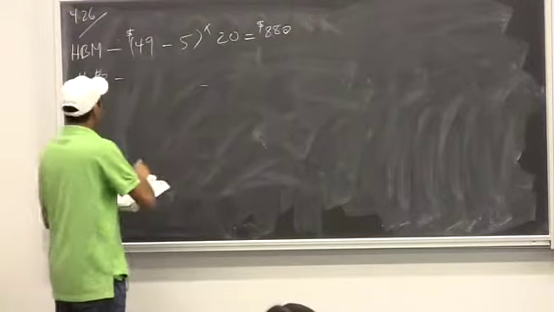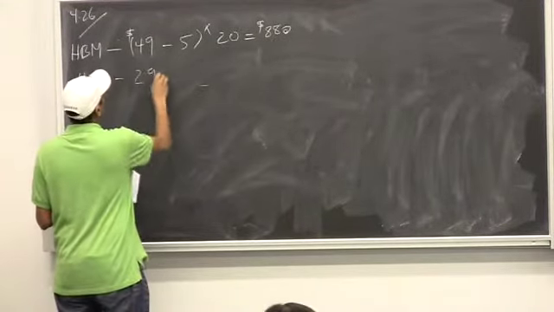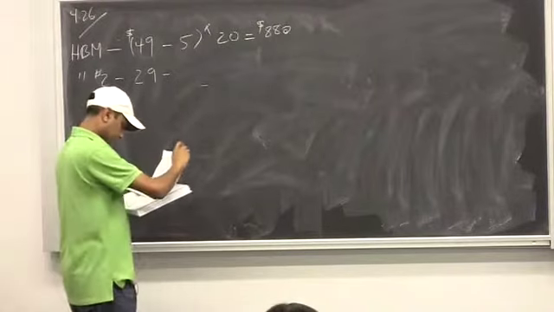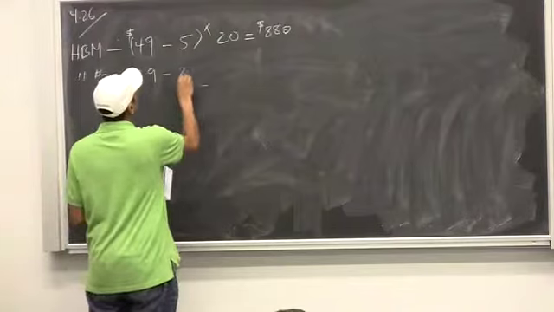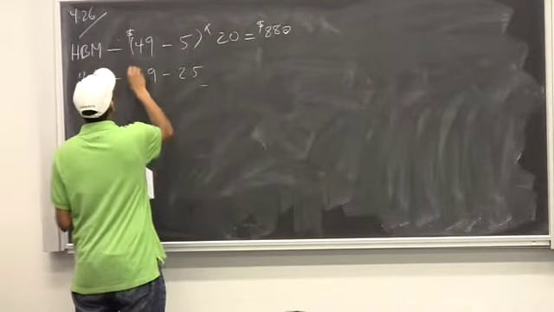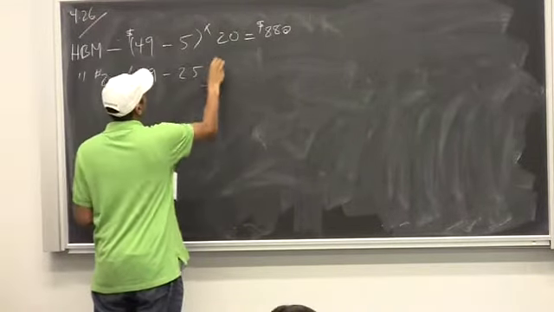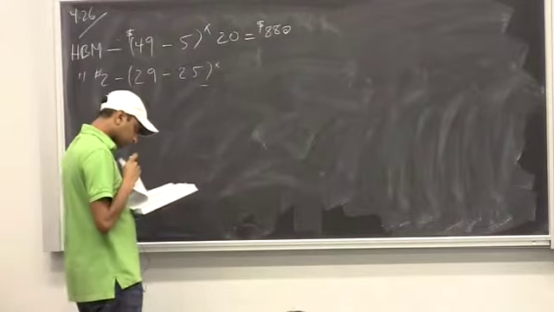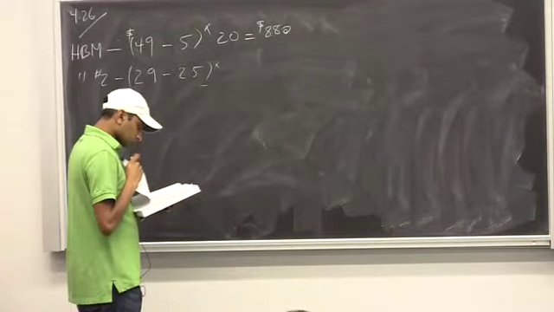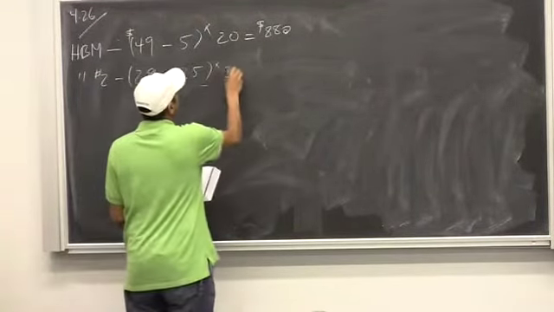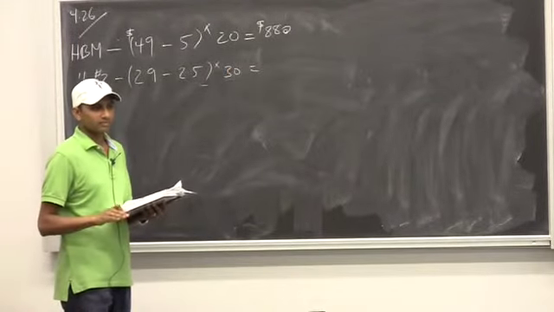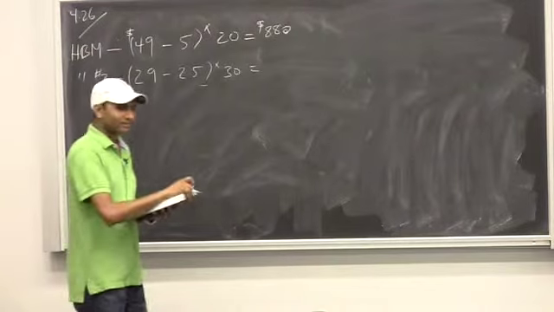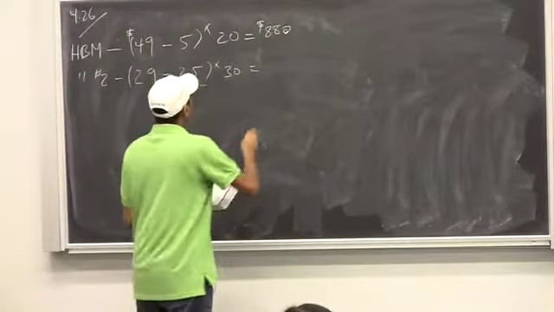You've got a selling price of 29 and variable cost of 2.50. And how many do they do an hour? 30. Is there any questions with what I'm doing? You guys good? Okay, $7.95.